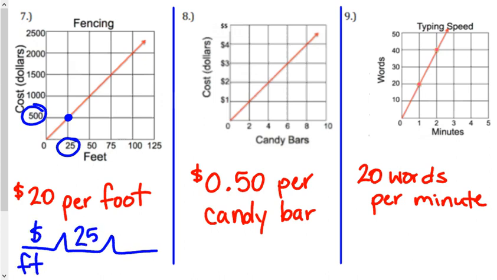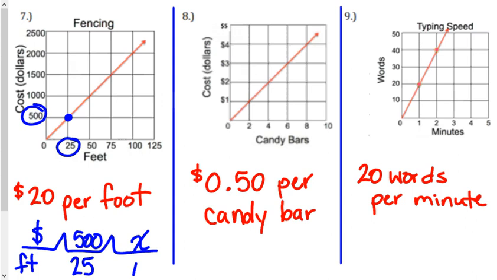I'm going to do the ratio of dollars to feet is $500 for 25 feet. When I solve that, I'm going to do 1 times 500, which is 500, and 500 divided by 25 is going to be 20, which is going to be $20 per foot. So I get $20 per foot when I work that one out.